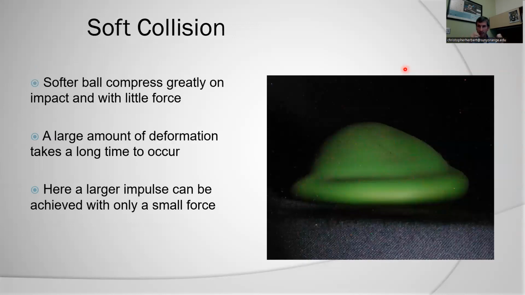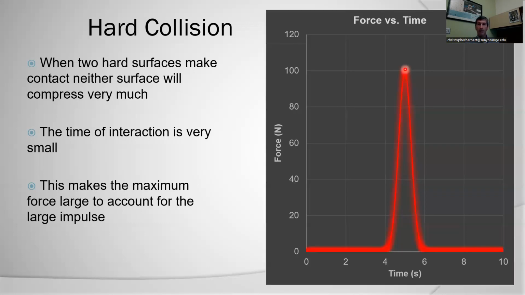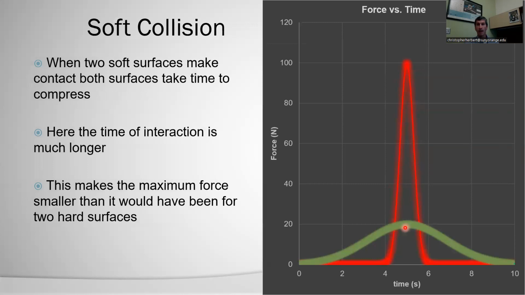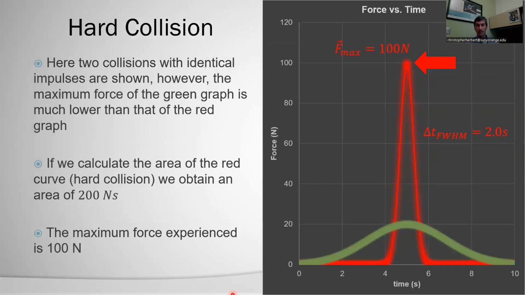If we can extend the interaction time, I can flatten this curve right here. I can spread the area over a larger time period, and that will effect a less severe interaction.